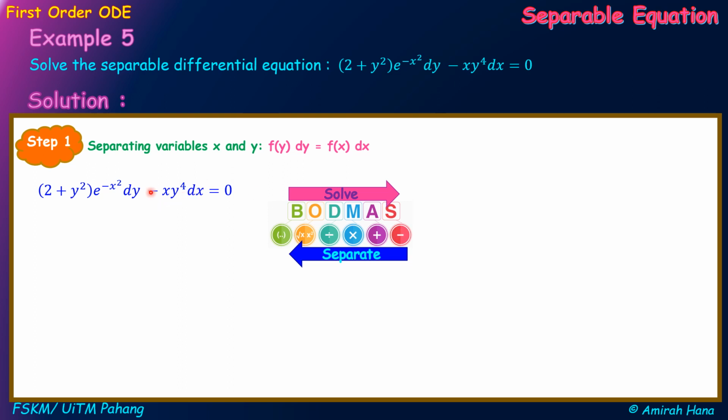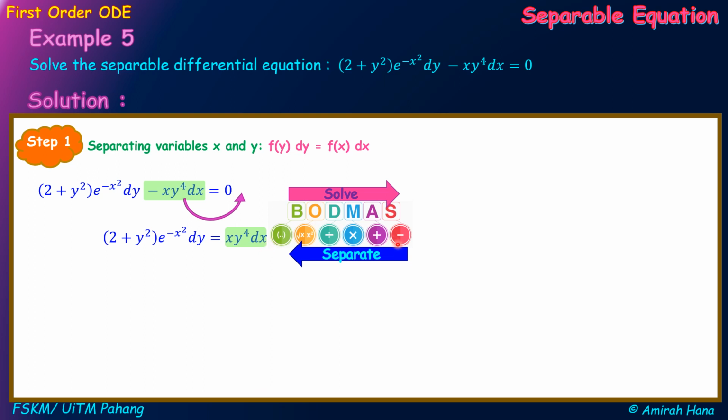So now we have a minus sign. When we separate, we can move negative xy to the power of 4 dx to the right hand side. After we move, we get (2 plus y squared) e to the power of negative x squared dy equals positive xy to the power of 4 dx.